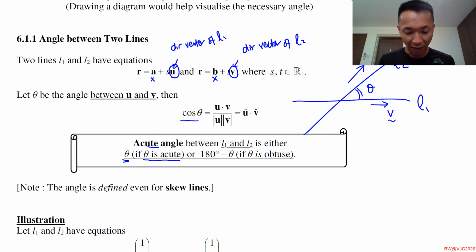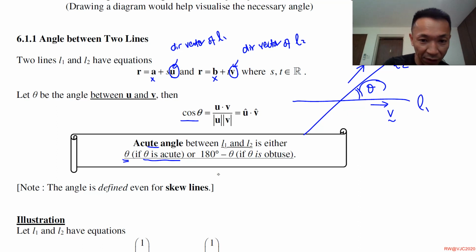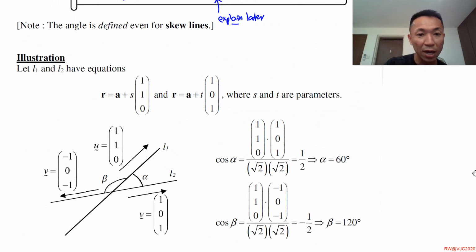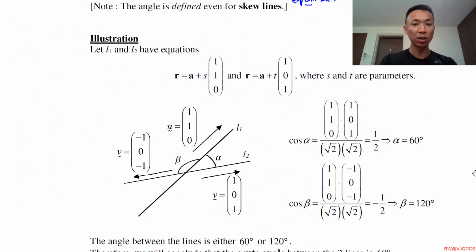But whenever I get two equations of two lines, I may or may not get this U and V nicely such that my theta is acute. Let me use an example later. Let's use numbers here.